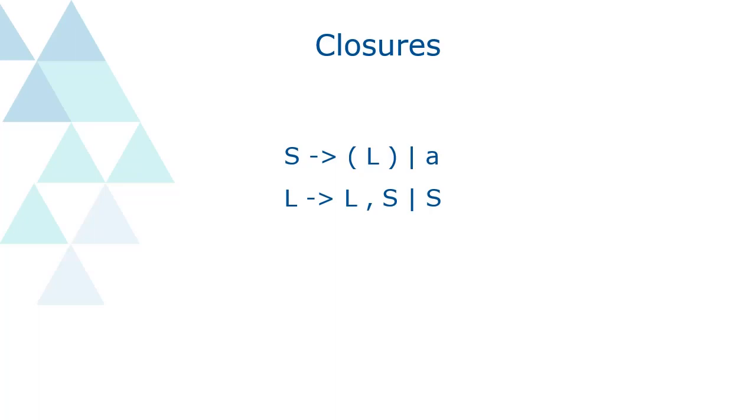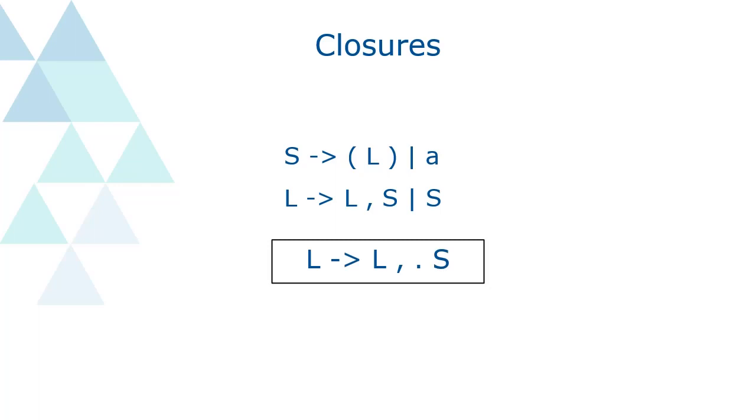If we want the closure of set L, dot s, then we should see where the dot is located. Here, the dot is located right before the non-terminal symbol s. And we can see in our grammar that s has two production rules.